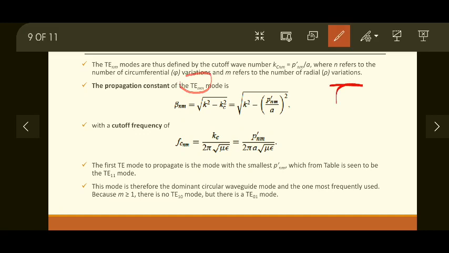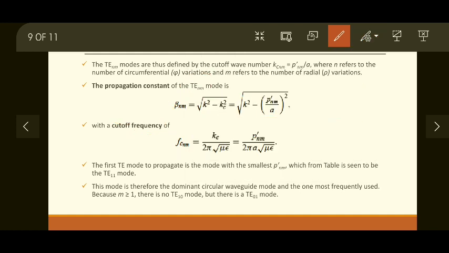In the rectangular we have referred TEmn. Here since we are using cylindrical coordinates, we are using TEnm mode because n refers to phi and m refers to rho. Okay, βnm is equal to √(k² − kc²), and substituting kc equal to p'nm/a, we will get this answer.